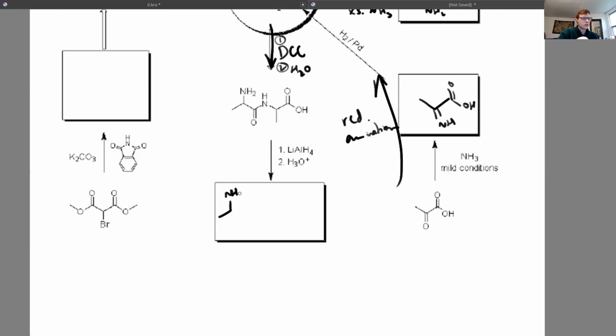Wouldn't LAH also reduce the carboxylic acid or no? I think it will also reduce it, because there's not really selectivity between these two. Both. Okay, I think so. Cool.